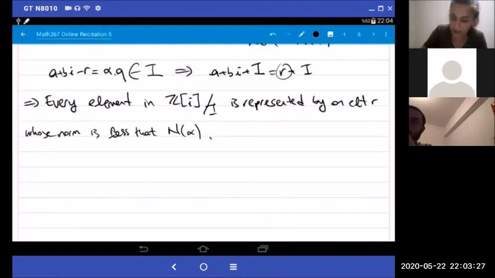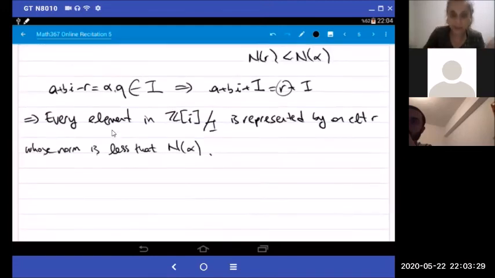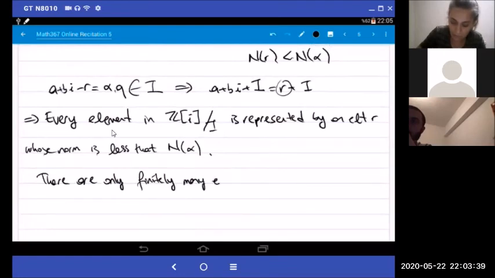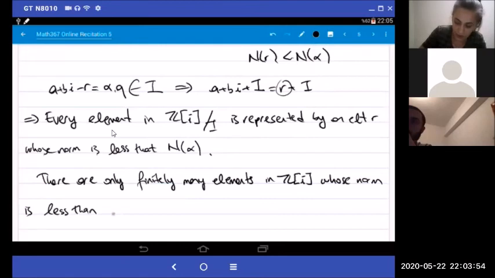There are only finitely many possibilities here. Of course, there are only finitely many elements in Z[i] whose norm is less than the norm of alpha.